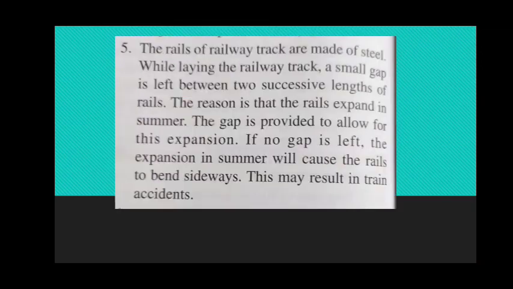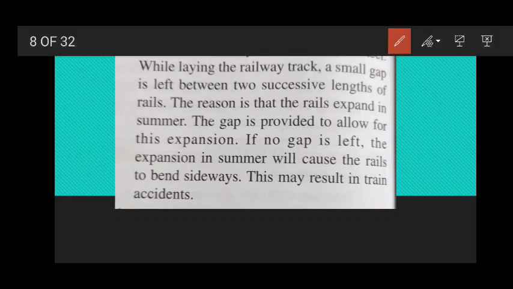Now the next is the rails. The rails of a railway track are made of steel. While laying the railway track, a small gap is left between two successive lengths of the rail. Why?